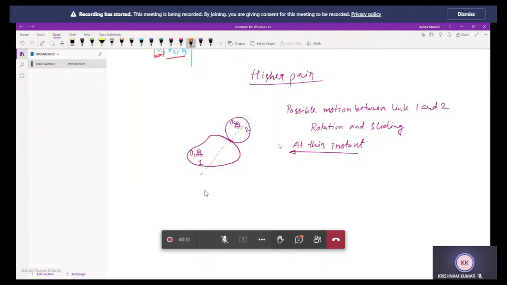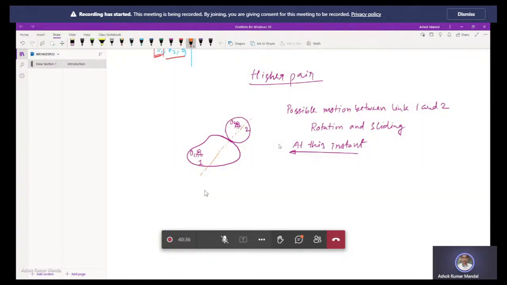All right. Now, any rotation is always about some point, right? And sliding about which point? Point of contact. Infinity. The center of rotation, if we take infinity, then that is sliding.